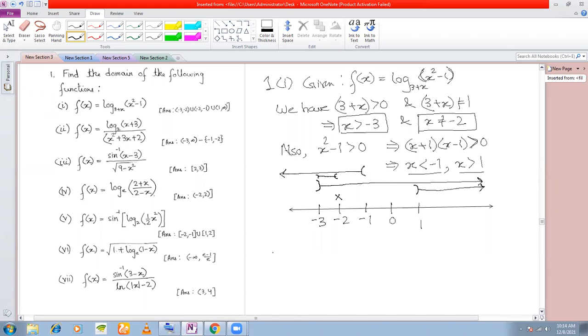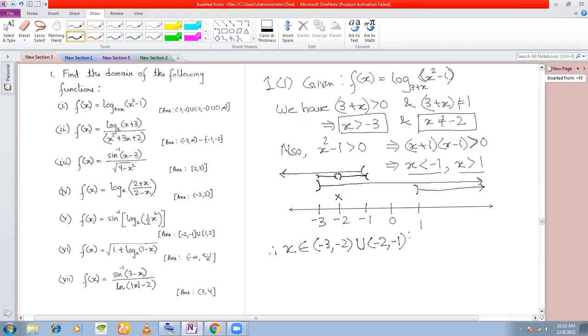So what you see, if you combine these, x can lie from minus 3 to minus 2. So x belongs to the interval minus 3 to minus 2. And then from minus 2, where does it go? It again continues till minus 1.